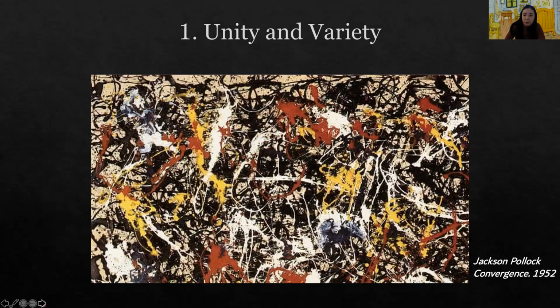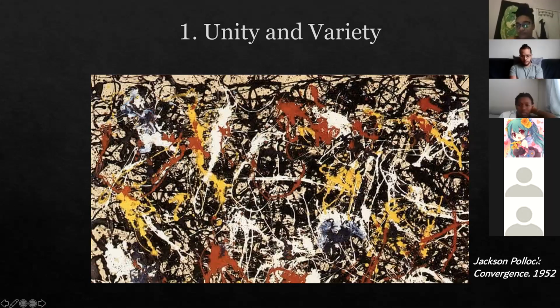Now, can you find the unity and the variety in this work of art? Which factor can be the unity and which factor can be variety? There's a variety of different colors. Very good. Different colors. Yes.